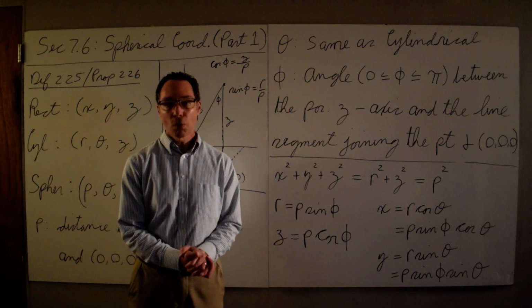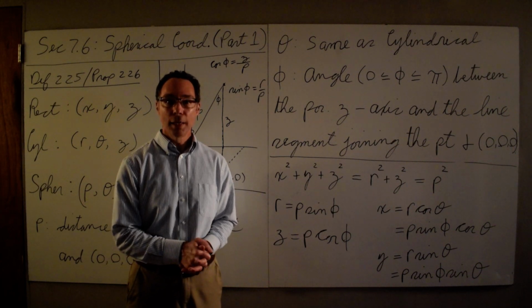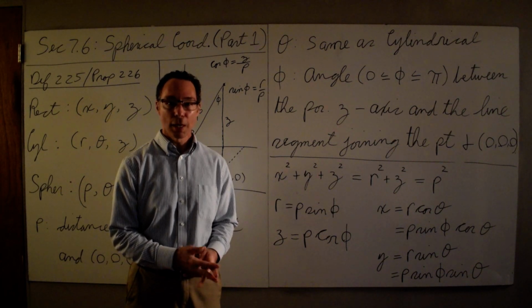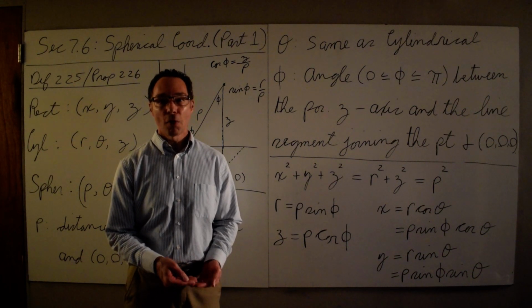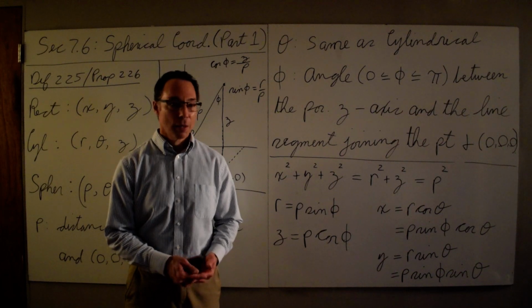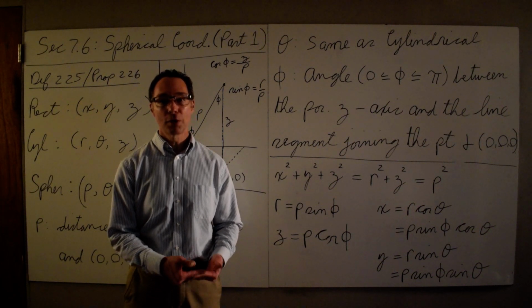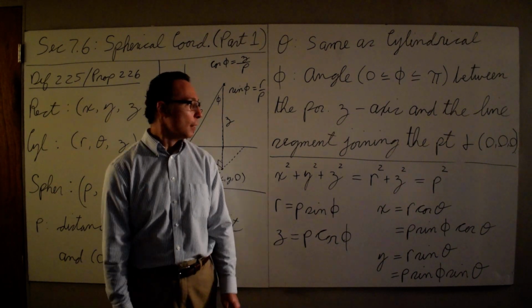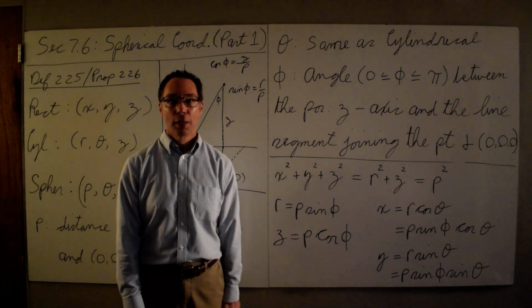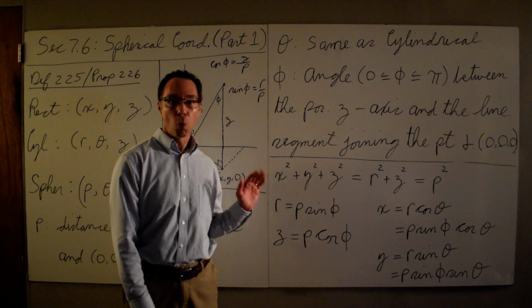So this gives us a way of converting through all three coordinate systems. So we take a point, we have the rectangular representation, we can find the cylindrical and the spherical. And if we have a cylindrical, we can find the rectangular and the spherical, and if we have the spherical, we can find the rectangular and the cylindrical. And so that's what we're going to do in the subsequent videos, is we're going to do conversions between the three coordinate systems.